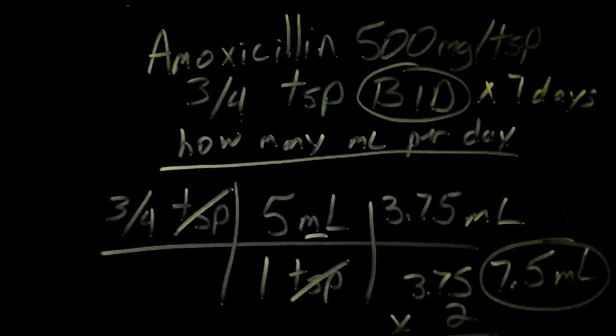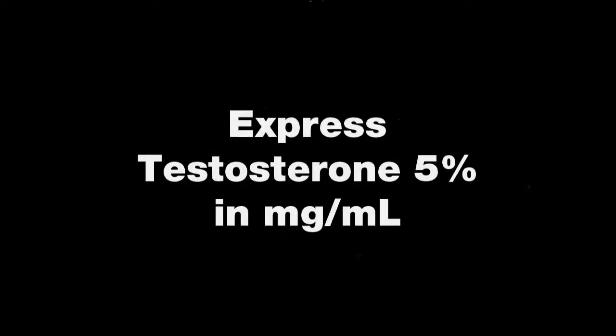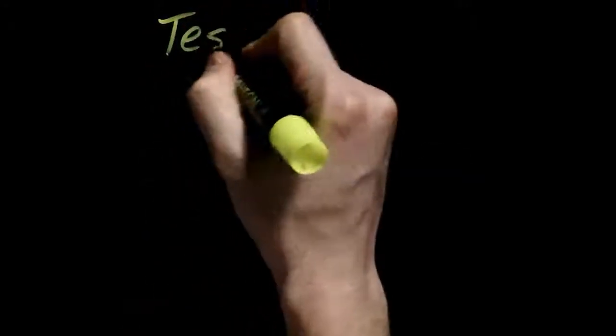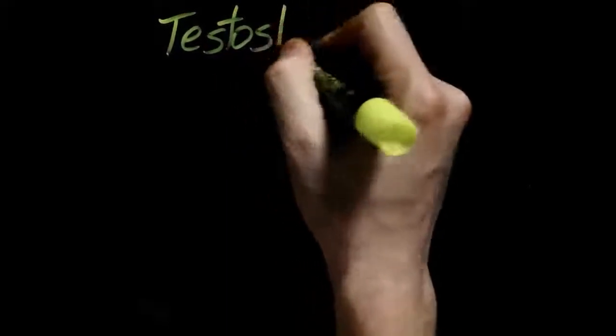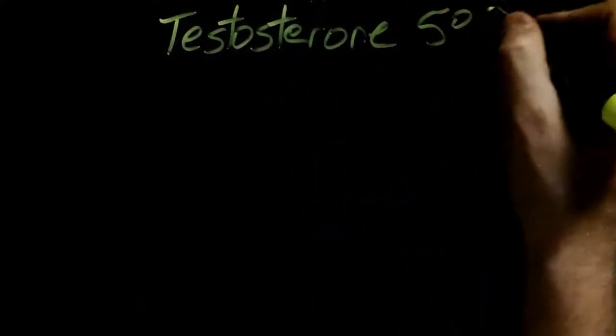Let's take a look at our other problem we had in this lecture, and that's converting percentages to milligrams per milliliter. In our second blackboard problem, I want you to be able to convert from percentages to milligrams per milliliter. For this example, convert for me testosterone 5% into milligrams per milliliter. Pretty simple here. We're just going to write testosterone and it's 5%.